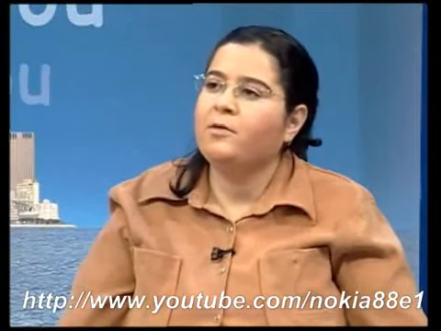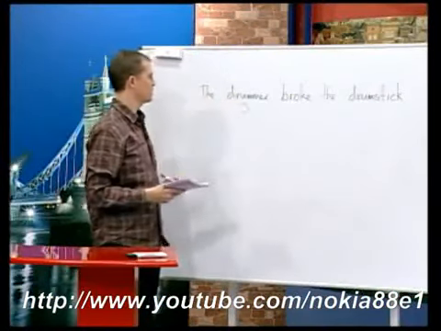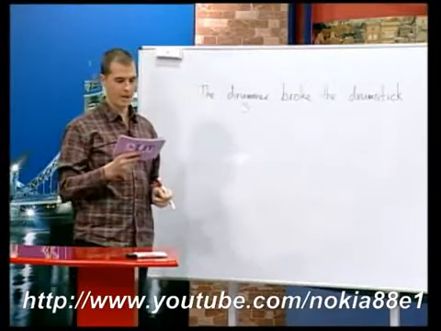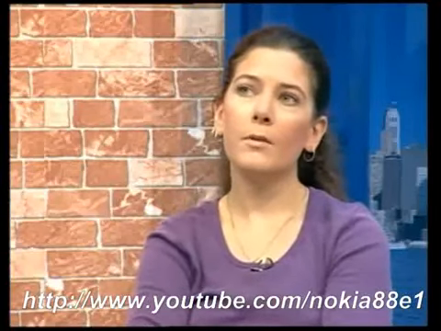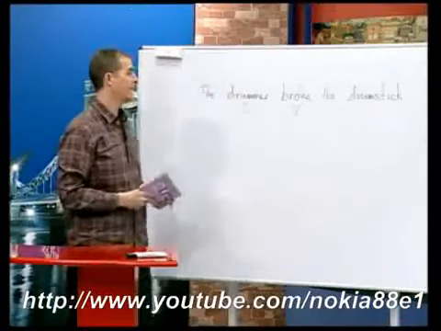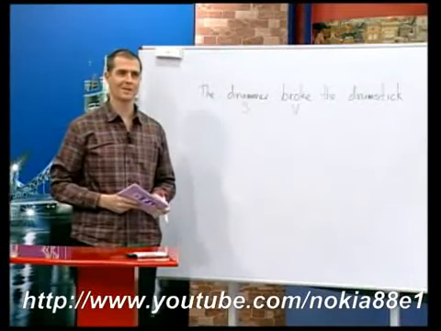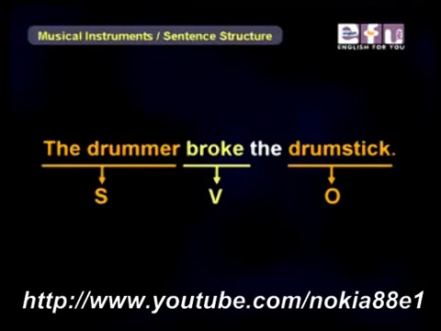That's easy. The drummer. Good. We'll put subject. Monica, what's the verb? Broke is the verb. Simple past tense is used. The verb. Yes. And finally, Lewis, how about the object? The object is drumstick. Excellent.